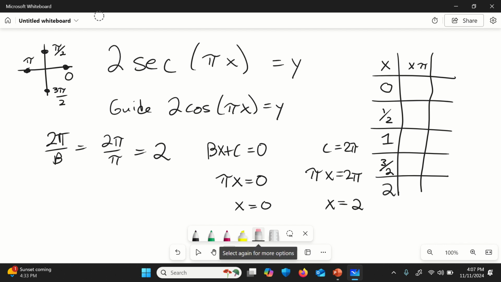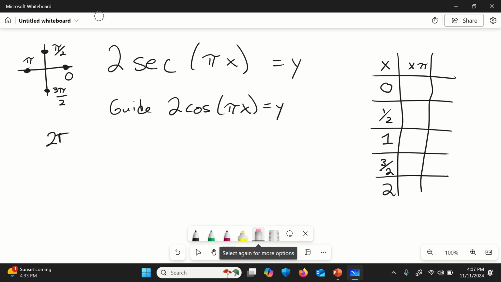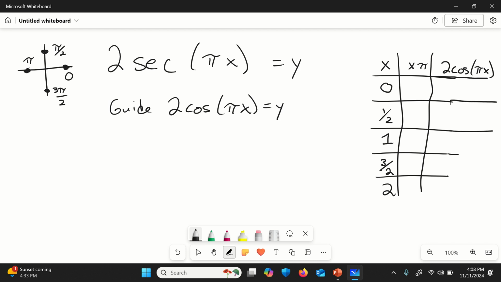Now that the x values have been chosen, we need to fill in the next column in our table, which would be that center column, which will identify what angle we're actually going to take the cosine of. Then we will multiply 2 times the cosine of those angles to find our y values. So pi times 0 is 0.